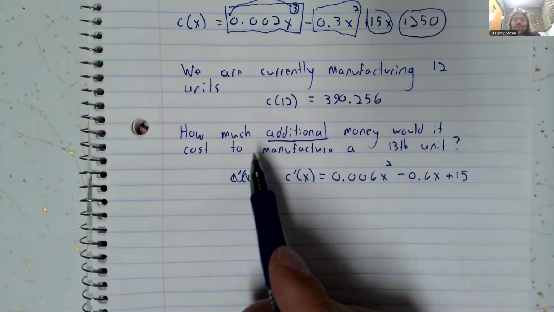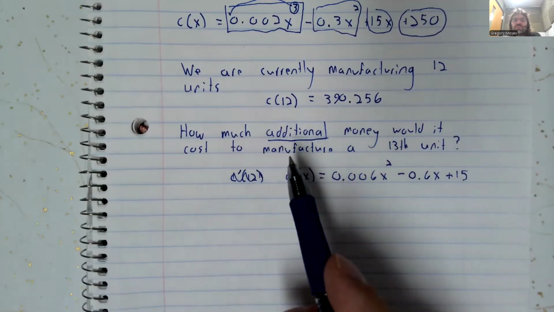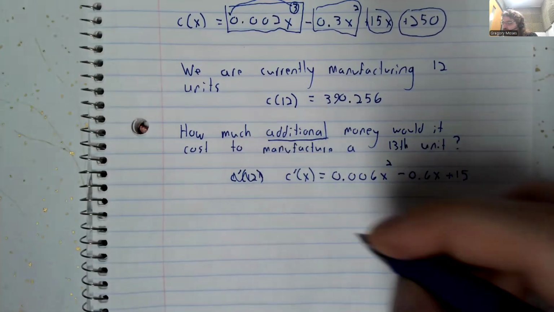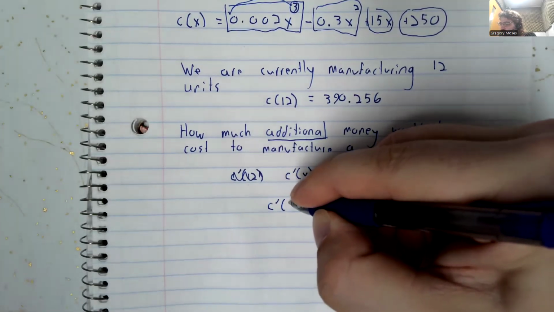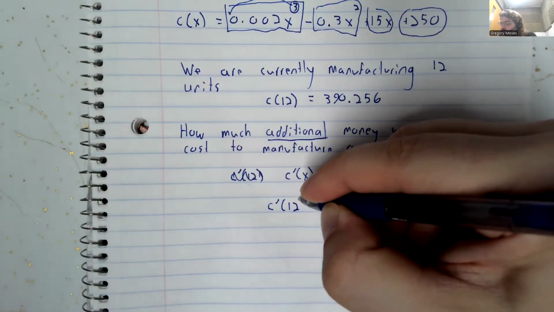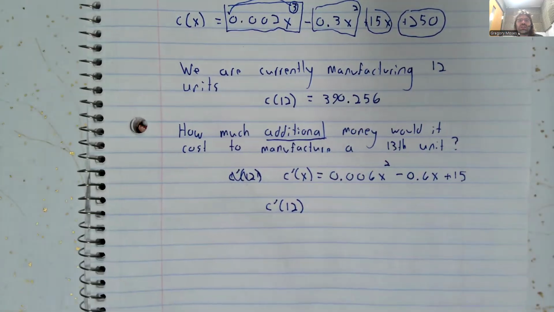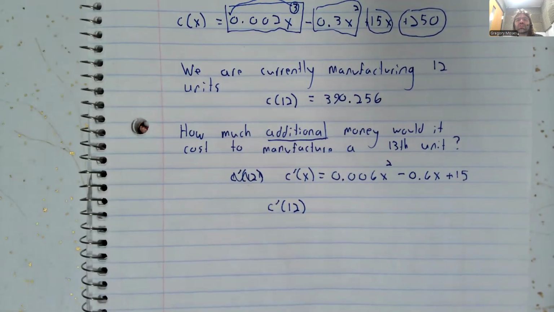If we want to know how much additional money it would cost to manufacture a 13th unit, be careful: we don't stick 13 into C prime. We stick 12 in there.